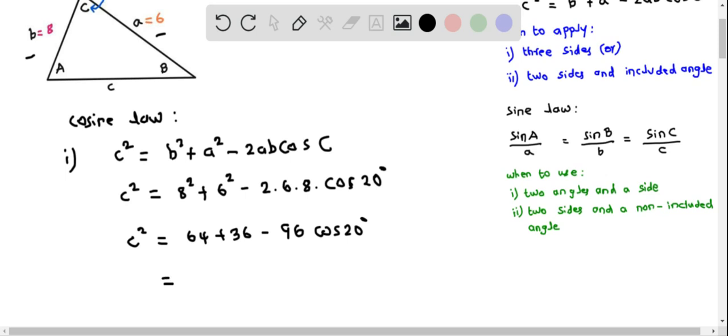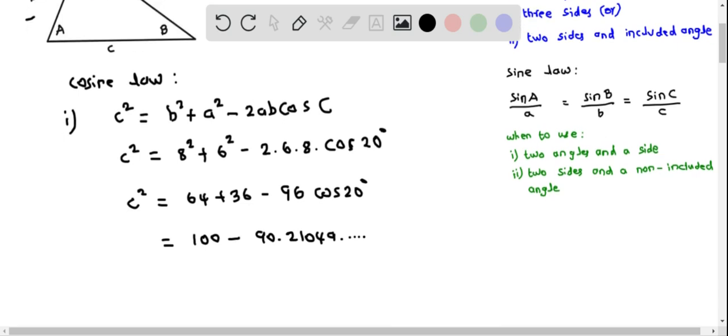We will be getting 64 plus 36 is 100 minus 96 times cosine 20. 96 times cos 20 I'm getting approximately as 90.21049, and this is a non-terminating decimal.